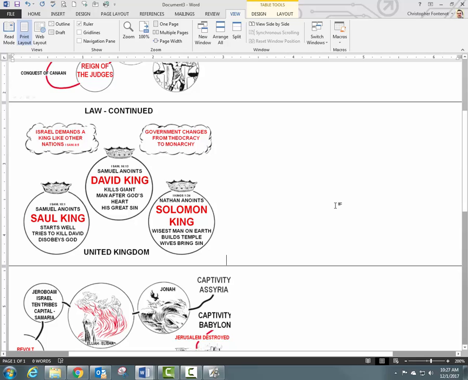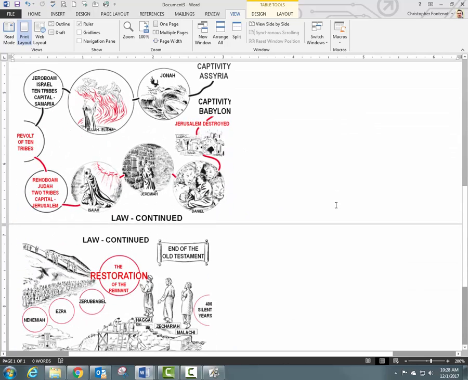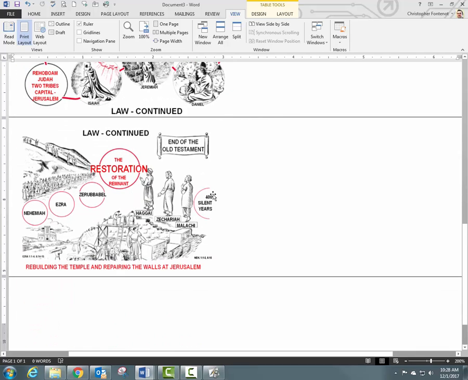This is about 120 years of history. The next chart covers the time of the dividing of the kingdom through the captivity when the nation of Israel falls into captivity, Israel and Judah. Then on the 4th chart, it covers the period of restoration to the end of the Old Testament.